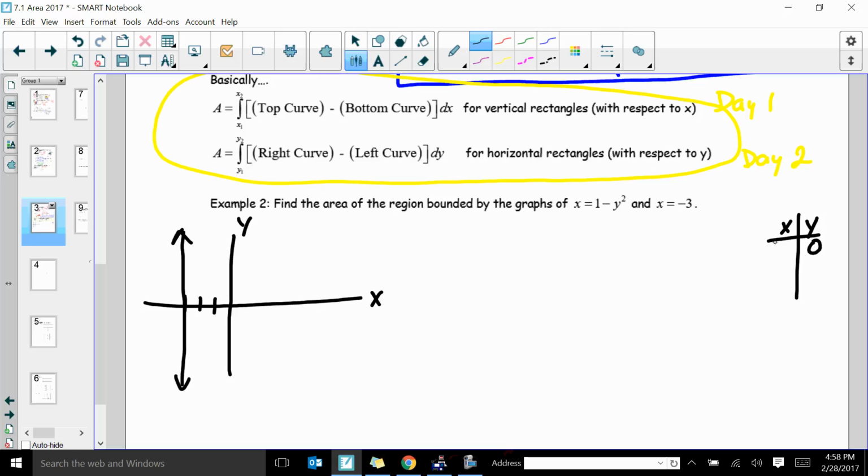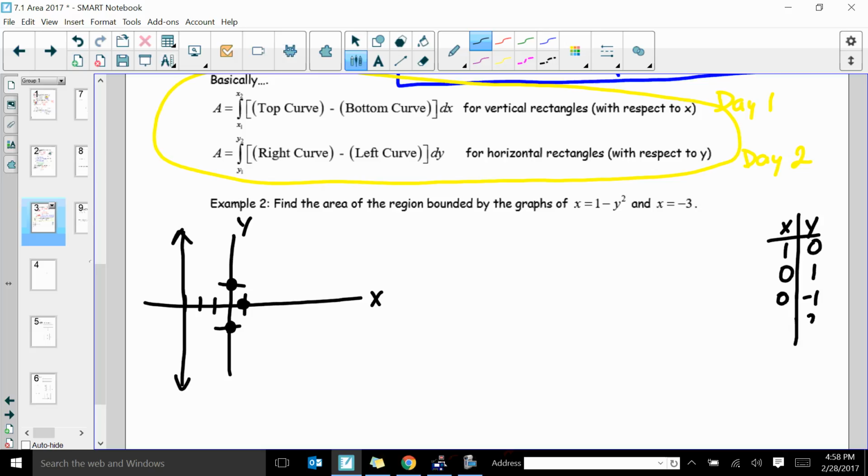So if y is 0, x is 1. So I'd plot that point. All right, if y is 1, 1 minus 1 squared, that would be 0. So 0, 1 is a point. Now also, if y is -1, x would still be 0. And so this is not a function, that's okay. And then you could just keep going.